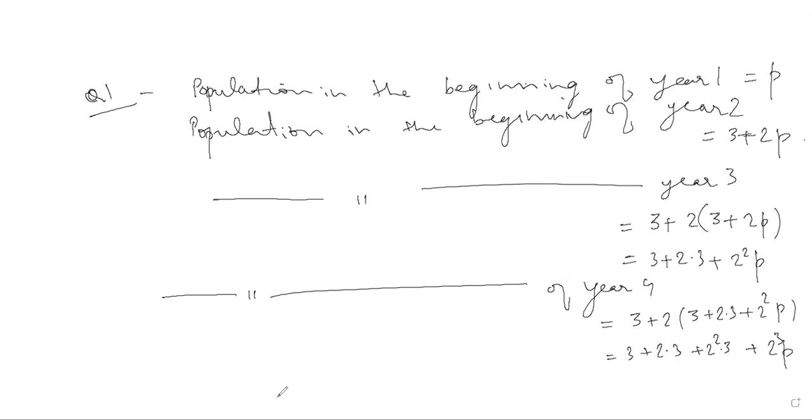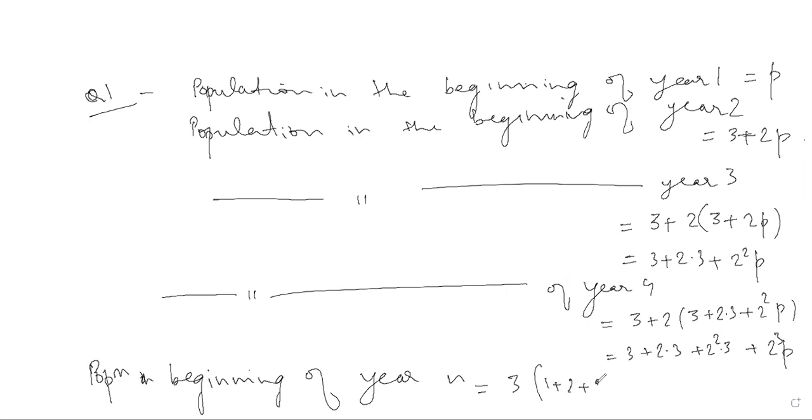Okay. So like that we can write a general formula for the population in the beginning of year n. We are getting a GP if we take 3 common. So this will become 3 into 1 plus 2 plus 2 square, going up to 2 raised to n minus 2, and then plus 2 raised to n minus 1 into p.